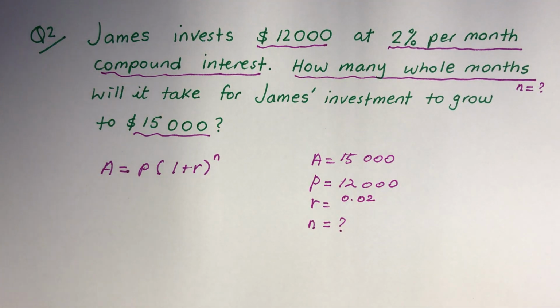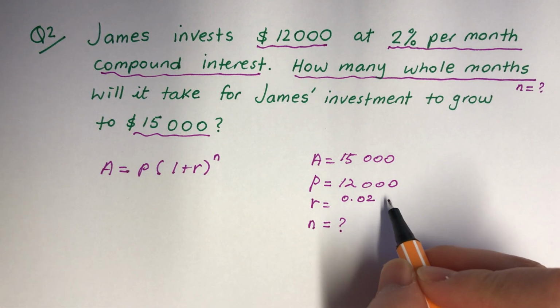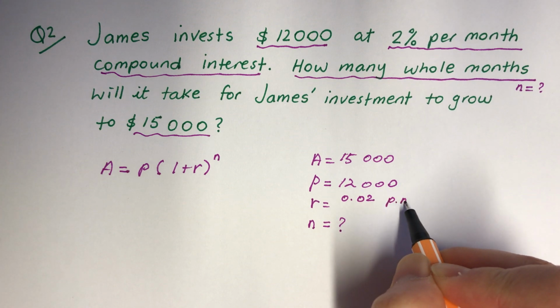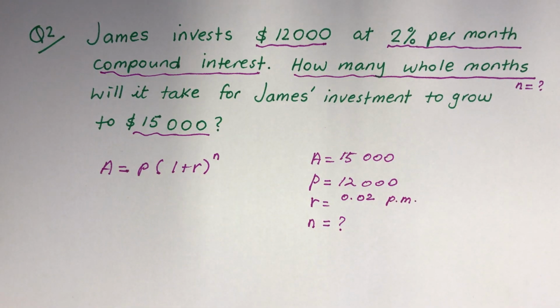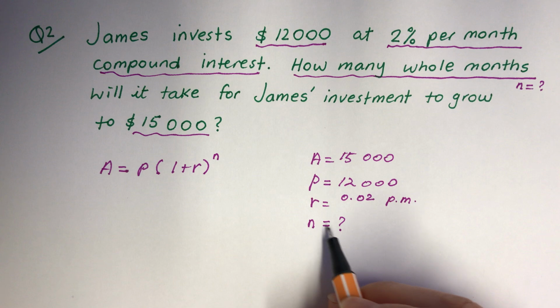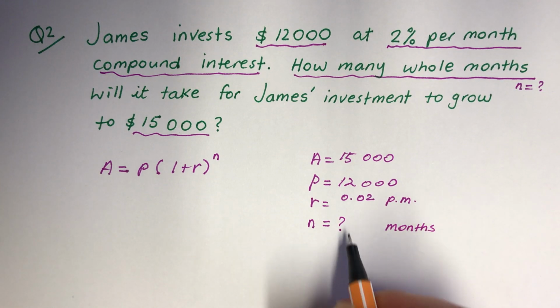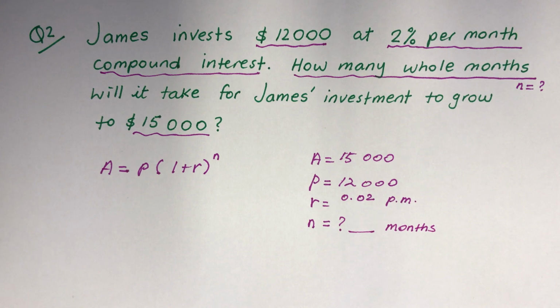Because 2 divided by 100. But I have to say, it is per month, isn't it? Yep, per month. Okay, so make sure we have per month. So N is in months. How many months? Okay, all right.